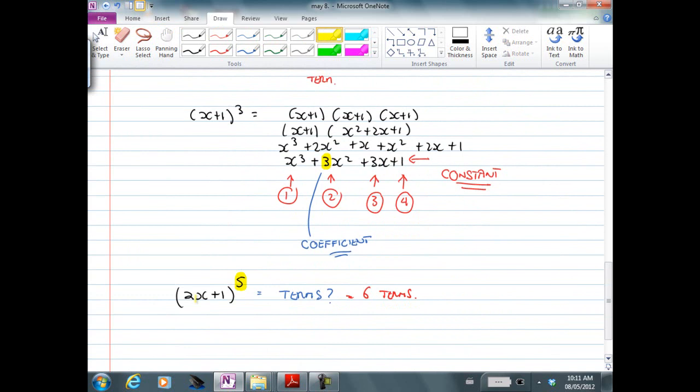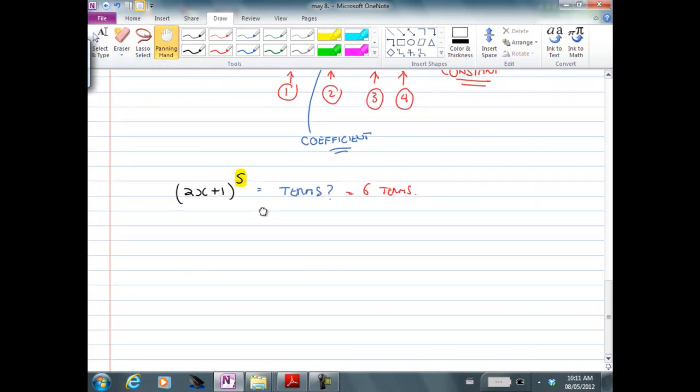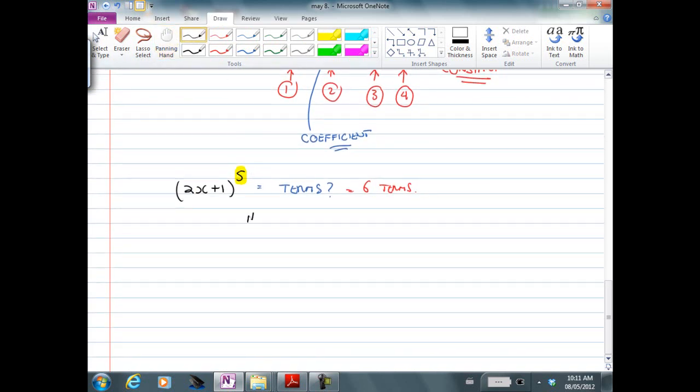I add 1 to the exponent. So the number of terms equals the exponent plus 1. That's it.